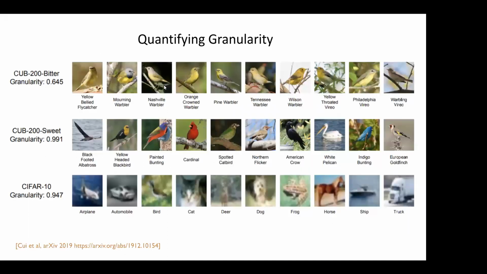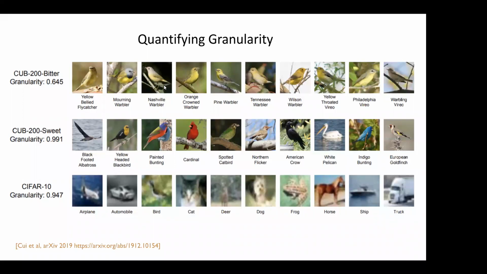So Yin Tsui did some work with collaborators at Google and Cornell and Facebook to attempt to quantify granularity. So here we took one of the popular data sets, CUB 200, a database of birds, and that full data set of 200 birds is generally regarded as the quintessential fine-grained data set.